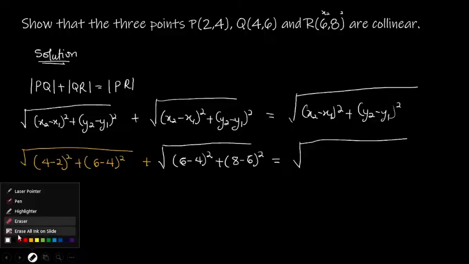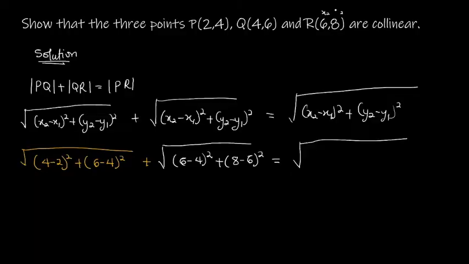I can maintain that. So this will still be my y2. This becomes my x1, my y1 now, since I'm using P and R. So my x2 is 6 minus my x1, which is 2, squared, plus my y2, which is 8 minus my y1, which is 4, squared.